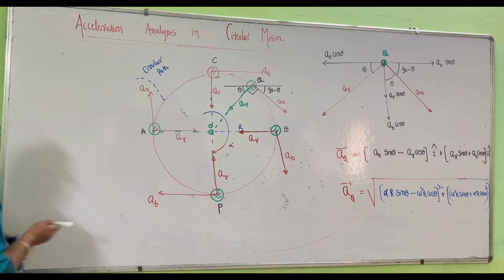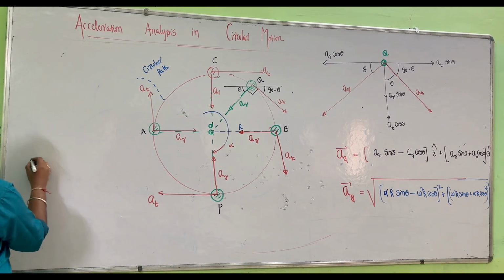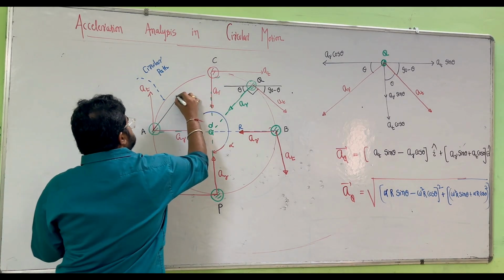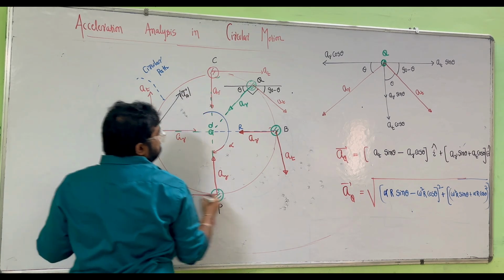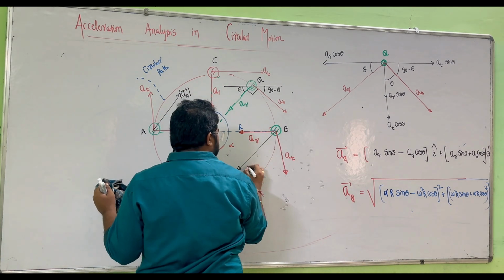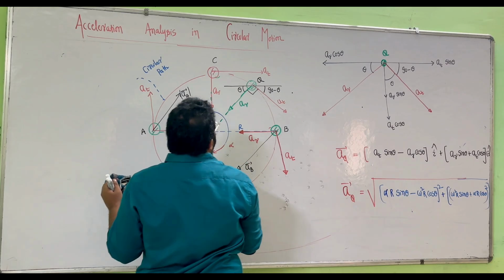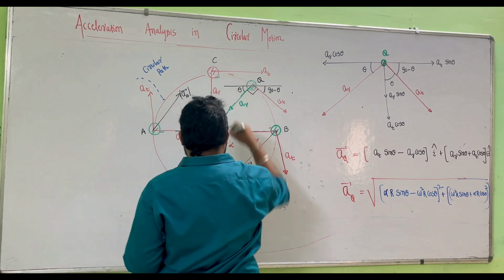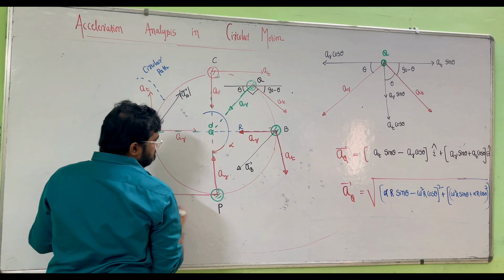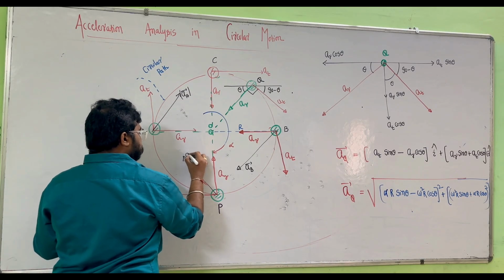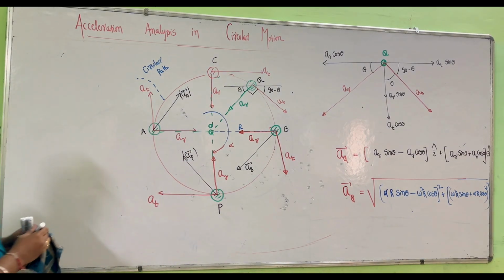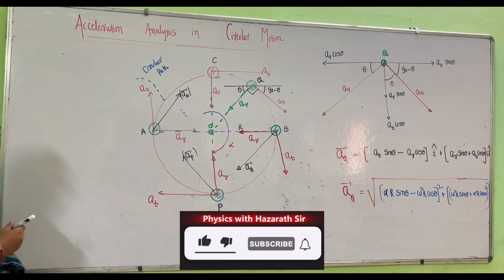So what is the acceleration at point B? This is the acceleration at point A, this would be the acceleration at point B, and the acceleration at point C. Clear? In most of the cases, that's the entire story.